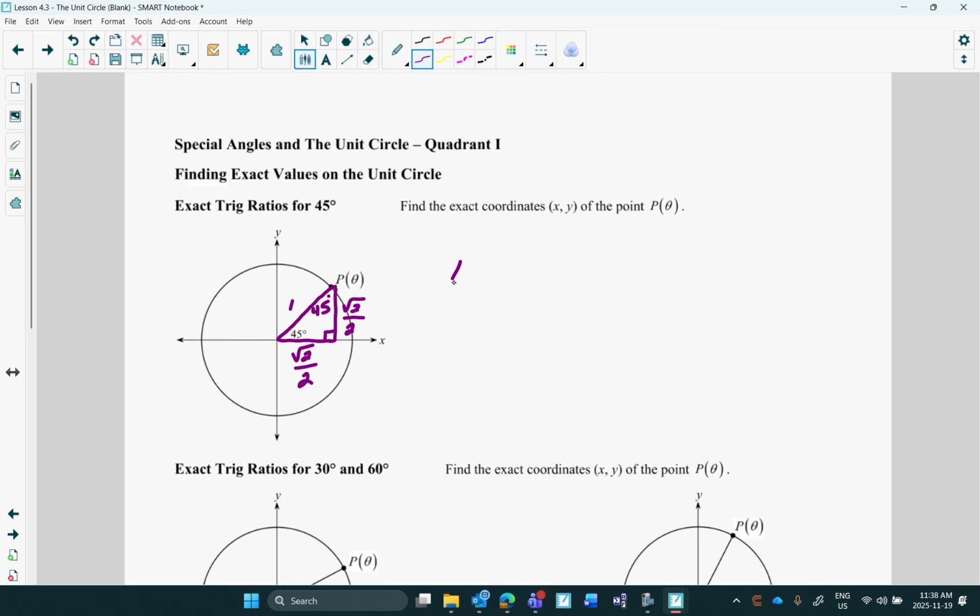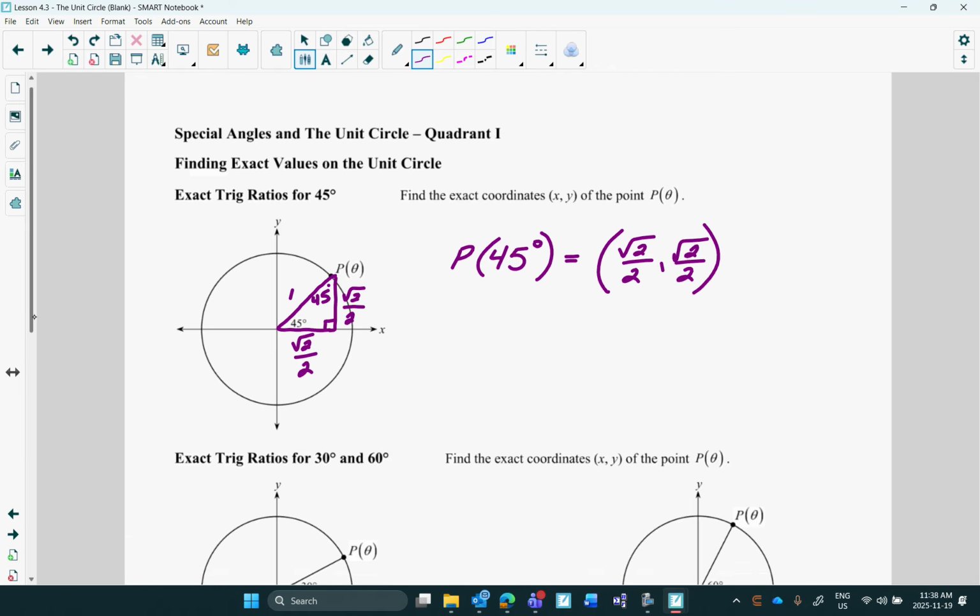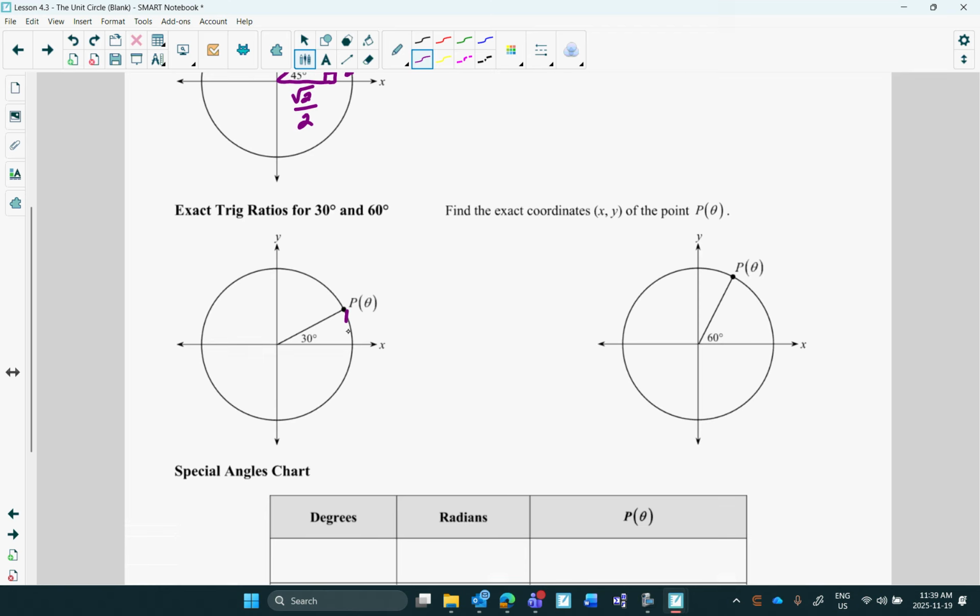Okay, so a point at 45 degrees is root 2 over 2, comma, root 2 over 2. Right? Now I'm going to go back, take that 30, 60, 90, and slide it in like this, where the 30 degrees is coming out from the center. This was 1, remember?